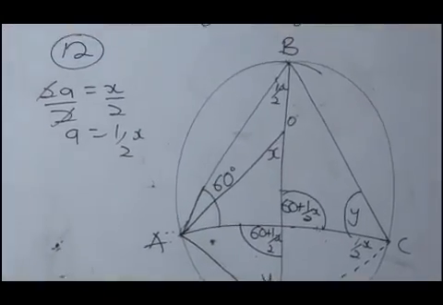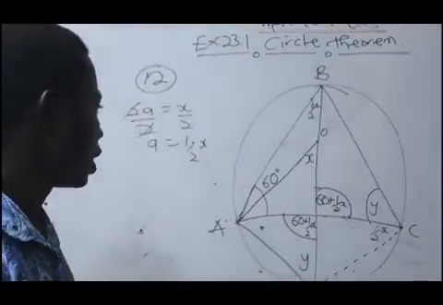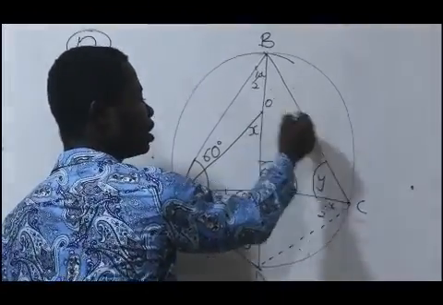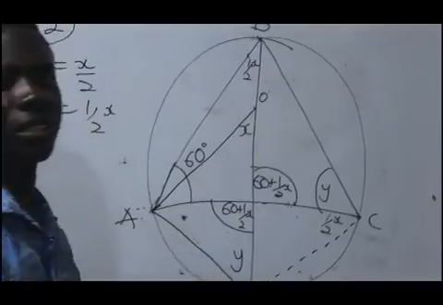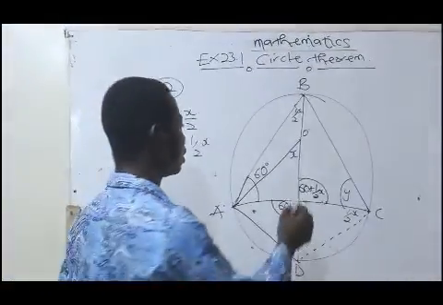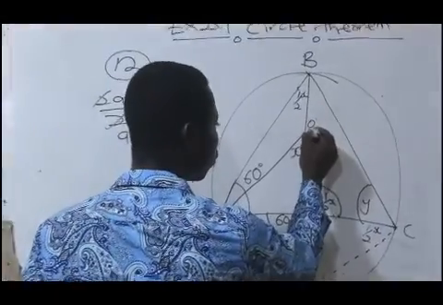Now let us also assume that there is a line from the center which meets C, and that line is definitely going to be a radius.